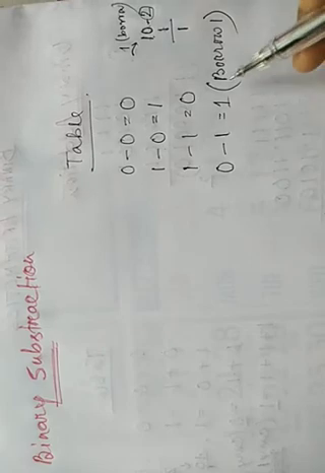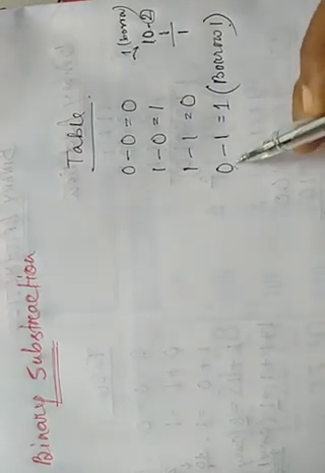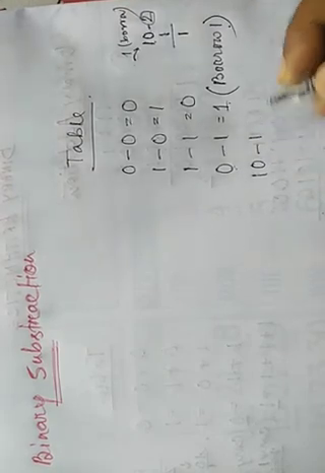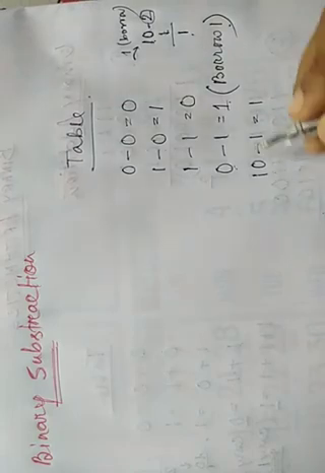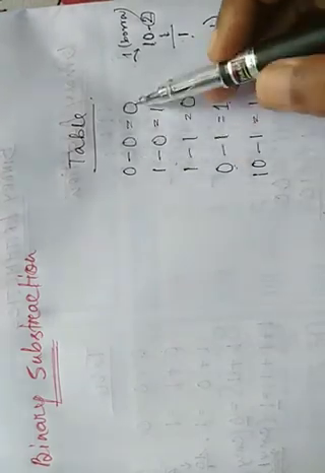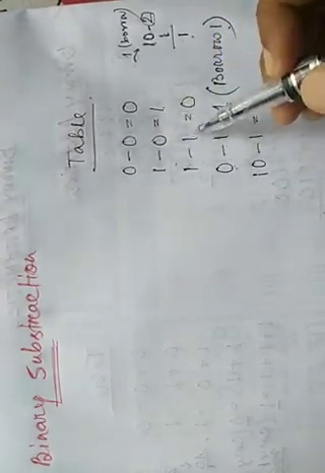Borrow 1. For addition it was carry 1, and for subtraction it is borrow 1. 0 minus 1, and another point is 10 minus 1 is 1, because 10 is 2. So you have to remember this table. 0 minus 0 is 0, 1 minus 0 is 1, 1 minus 1 is 0.